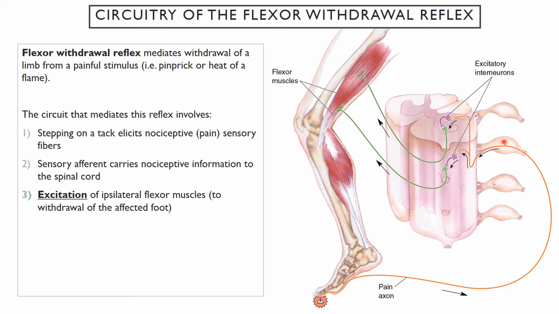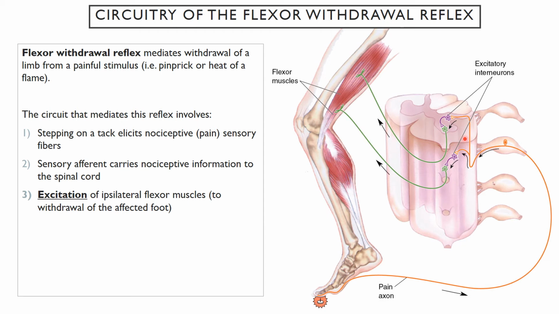This afferent starts to fire. Here's the cell body in the dorsal root ganglion. And this network involves branching that occurs here, as we learned in the somatosensory portion of this course, that these afferents will synapse onto various neurons within the spinal cord. For the flexion withdrawal reflex, it synapses onto excitatory neurons within the spinal cord.